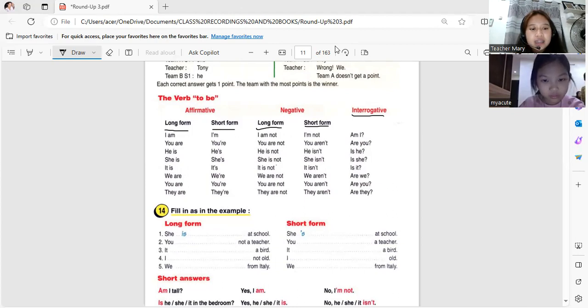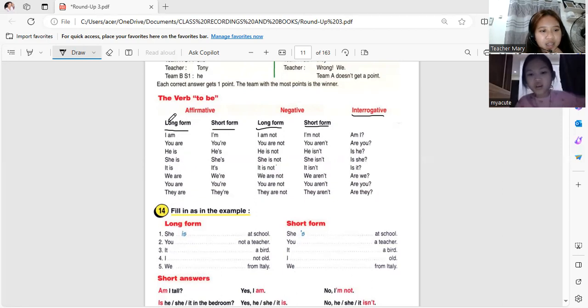You can just base your answers from the affirmative side for the long form, and if it is in the negative side, you can choose it here.